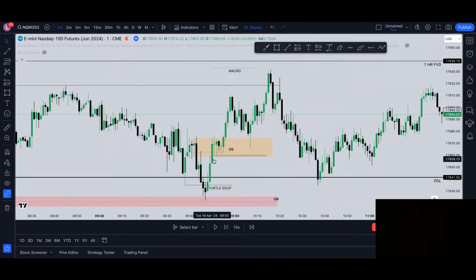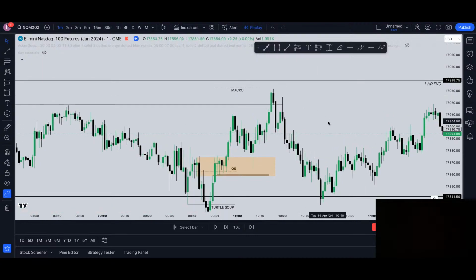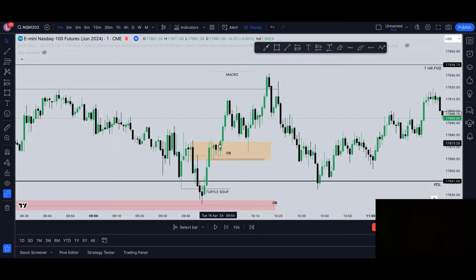So there were two things. Either you can enter on this fair value gap, stops on the low, target buy side, overall ultimate over here, you can take partials, or second, when you see price closes above the breaker, when the next candle touches the breaker, then you can enter.